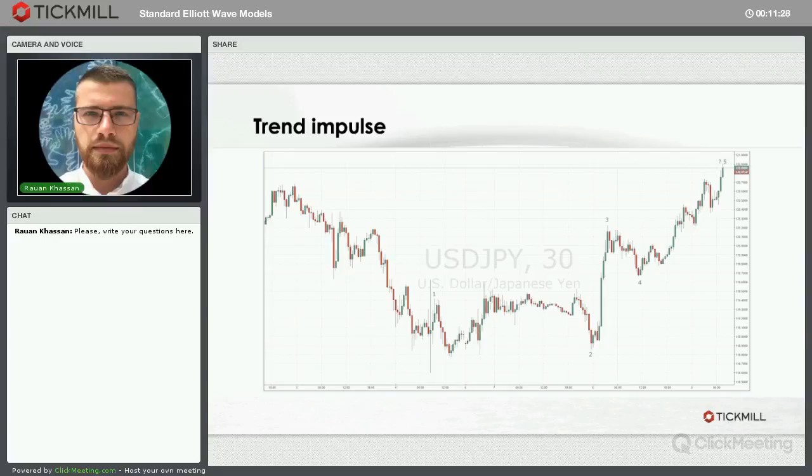We are starting from last Friday, when during the NFP data publication, United States dollar to Japanese yen posted the bottom around 119.50. After that, it has developed the five-wave structure.